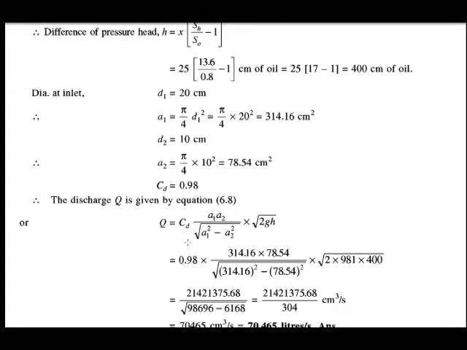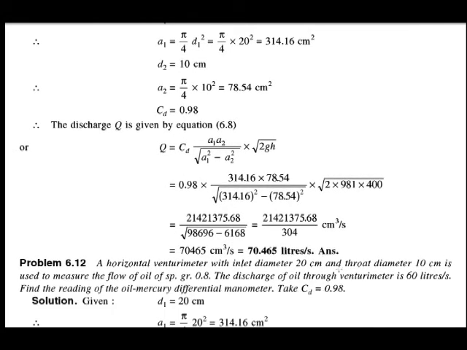So the value of CD is 0.98 into A1 A2, which is 314.16 into 78.54, upon square root of 314.16 square minus 78.54 square, into under root of 2GH, means under root of 2 into 9.81 into 400. Okay, so if we multiply all this, we will get the final value for the discharge as 70465 centimeter cube per second.